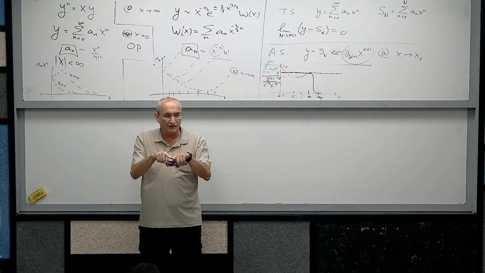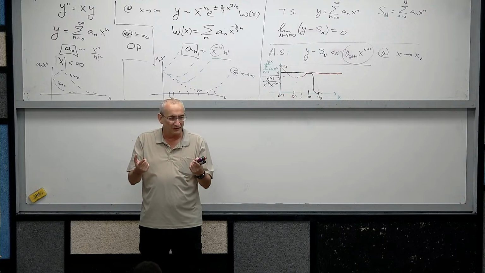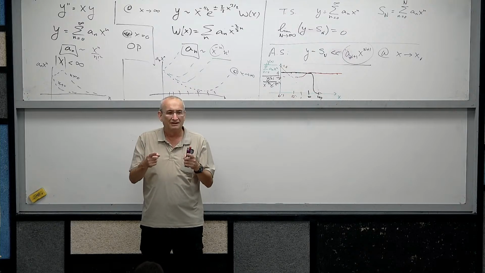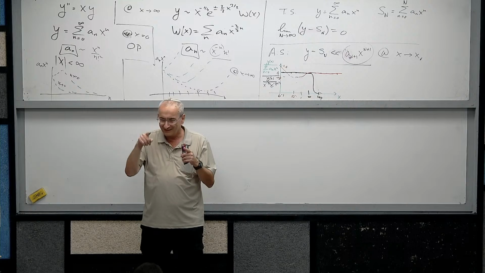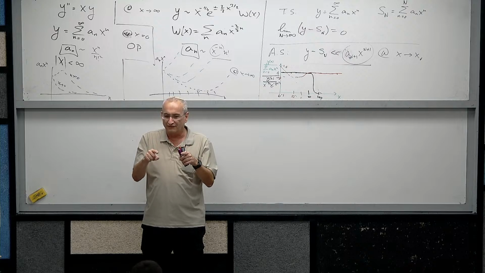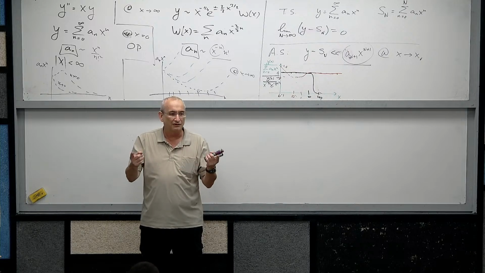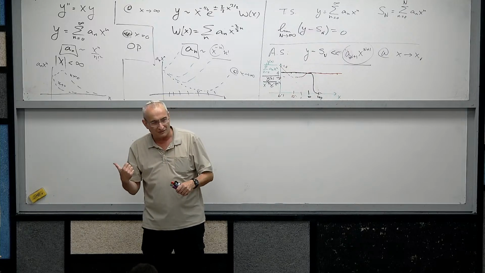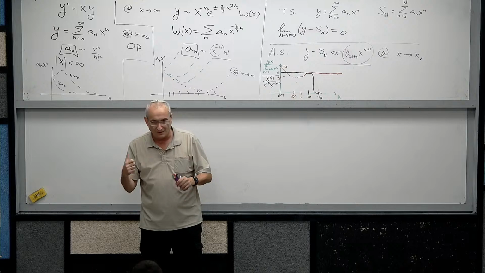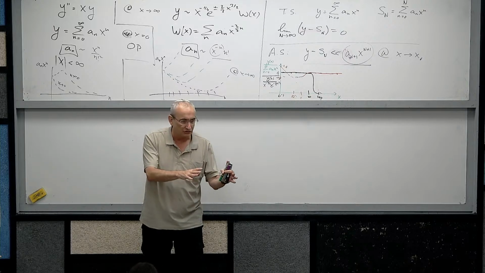There are no two functions with the same Taylor series, and there is no Taylor series that corresponds to two functions. It's a one-to-one correspondence between Taylor series and functions.